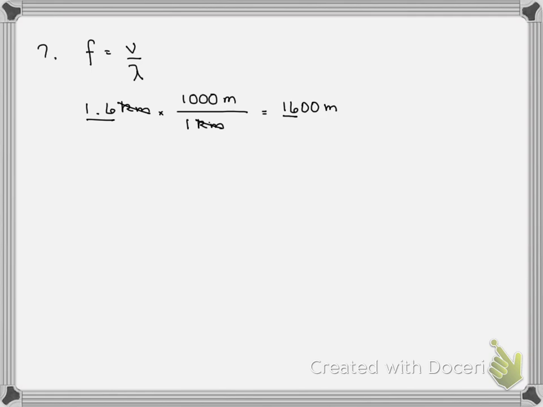So that's the wavelength. Now we just need the frequency. The speed of light divided by the wavelength that is now in meters. Okay, and when you do that division, you're going to do 2 significant digits in your division, and you are going to get, out of scientific notation, 190,000 hertz.